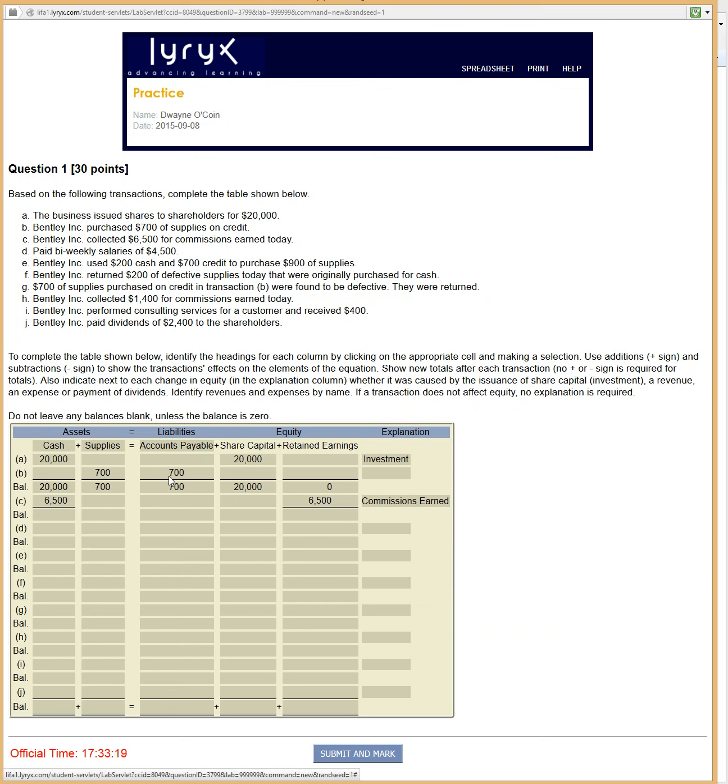If a transaction does not affect equity, no explanation is required. It says that right here.